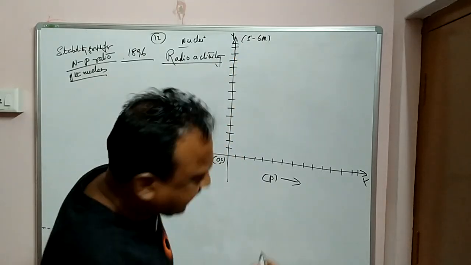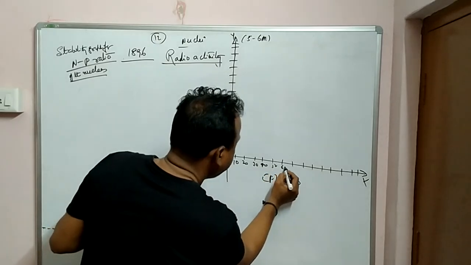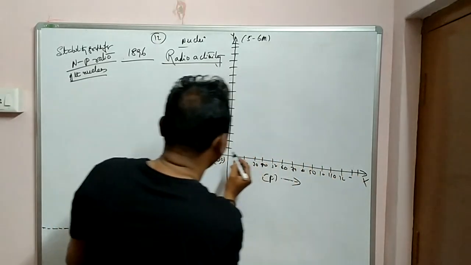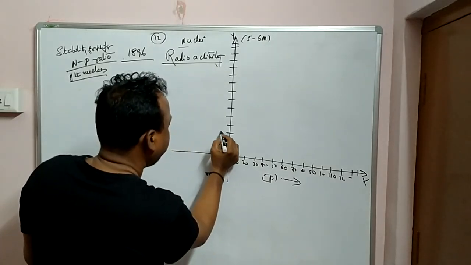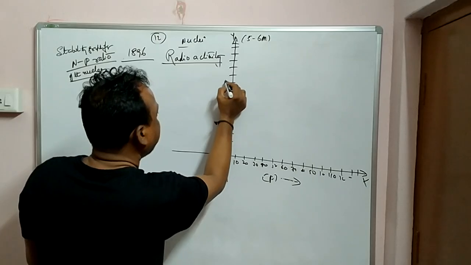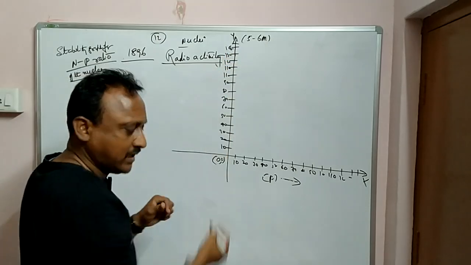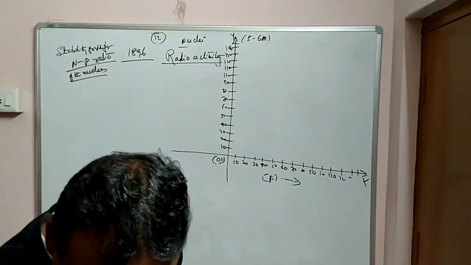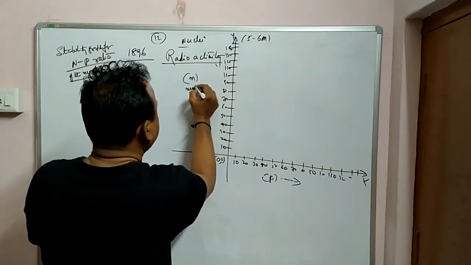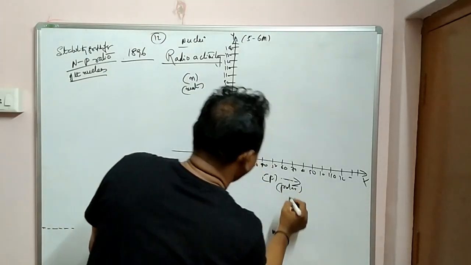The values are 10, 20, 30, 40, and so on up to 140 on the y-axis. These are neutrons, and these are protons on the x-axis.